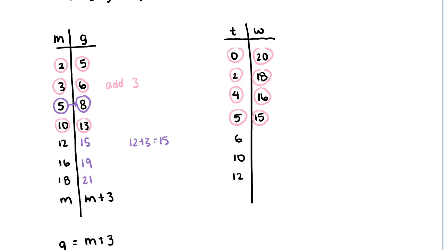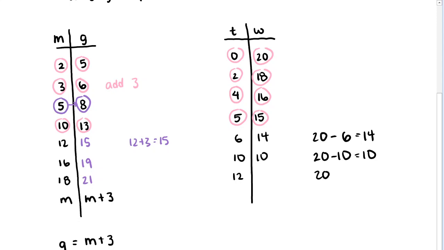Well, we would take 20 minus 6, and this would give us 14. And what about when t is 10? We would take 20 minus 10, and this would give us 10. And in this last example, 20 minus 12 would give us 8.